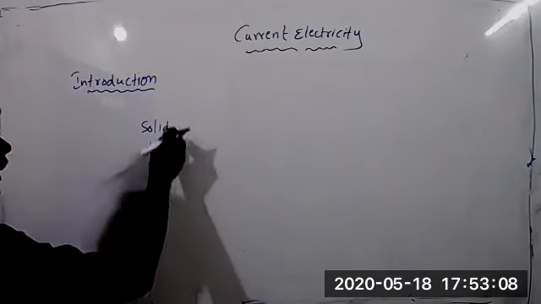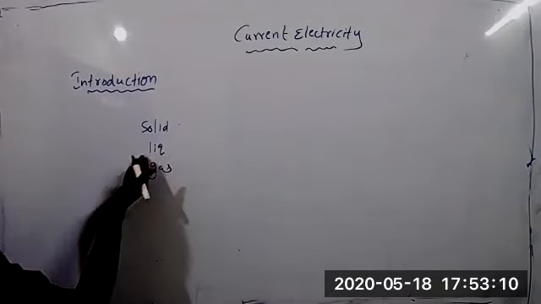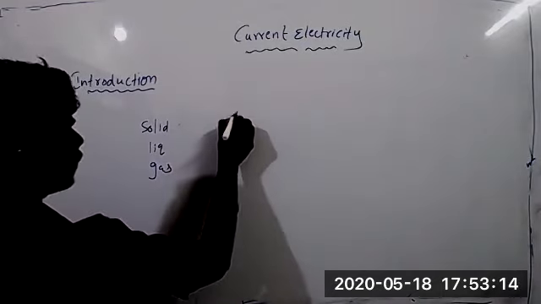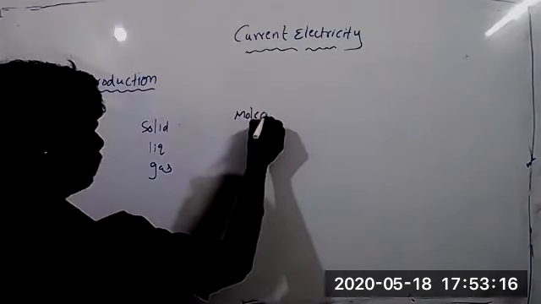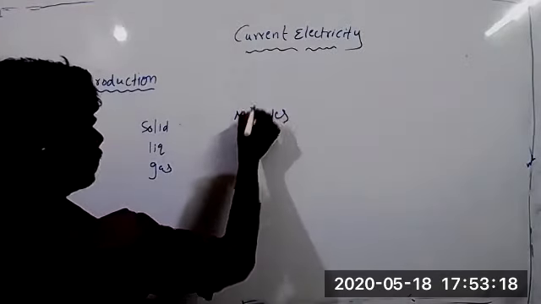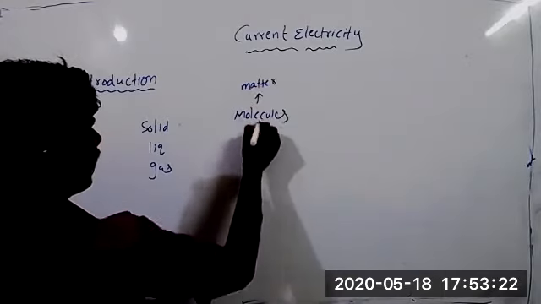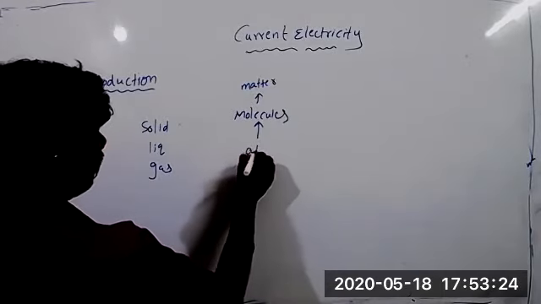Now see, it is made up of molecules. Gas is also made up of molecules. Molecules form matter. Molecules are made up of atoms.